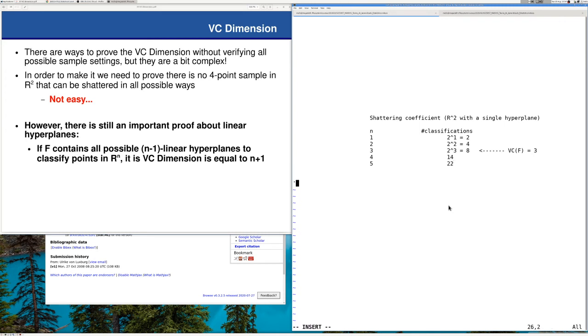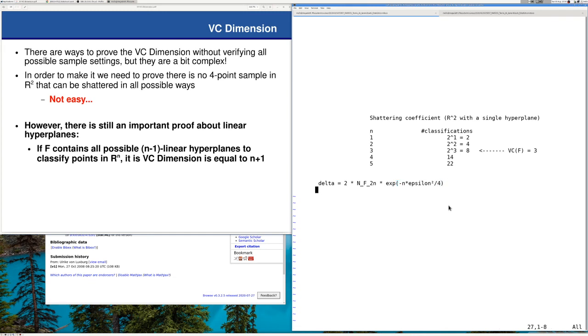Remember the term delta equals 2 times the shattering coefficient for a sample of size 2n, multiplied by the exponential of minus my sample size times epsilon squared divided by 4. What can I do with this?